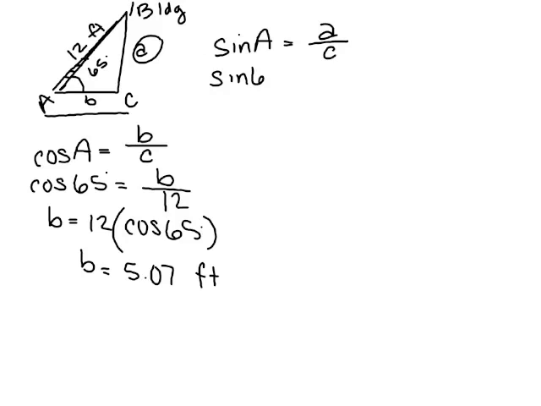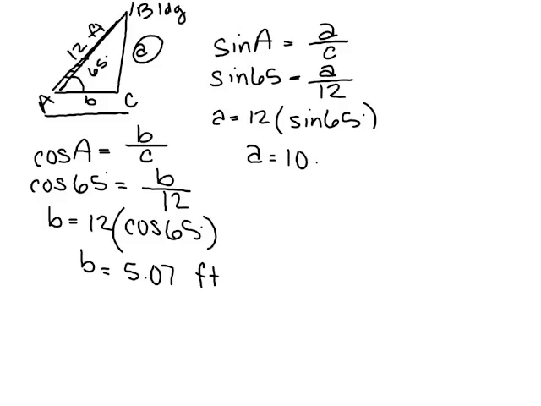A is still 65 degrees over my 12-foot ladder. So get the little a alone, multiply both sides by 12. There we go. 65 sine times 12 equals 10.87. Is how high up the building the ladder is going to reach.